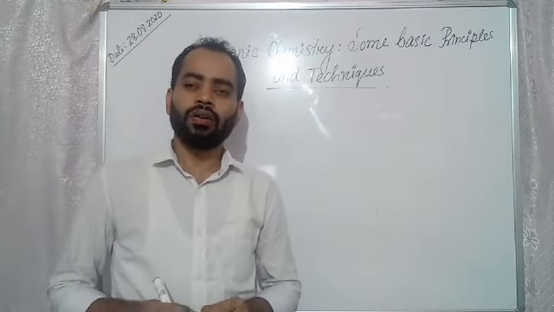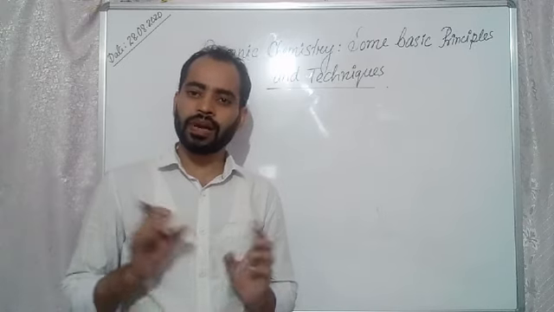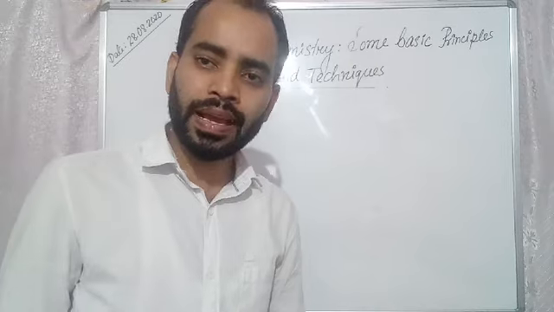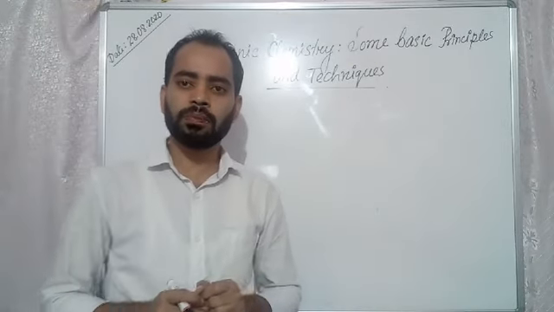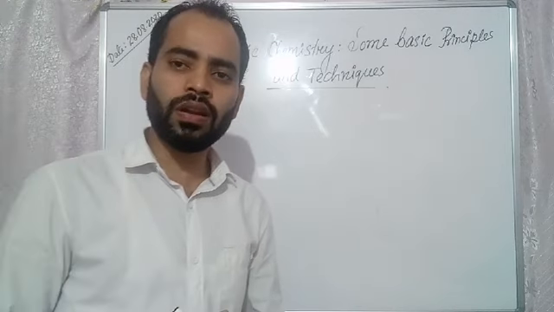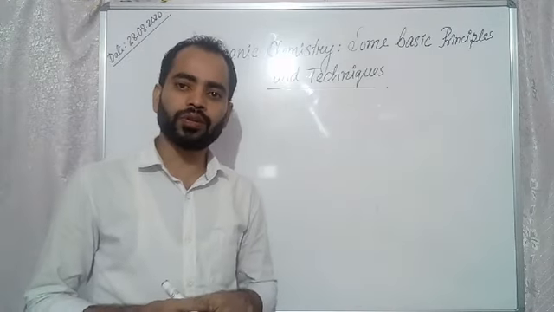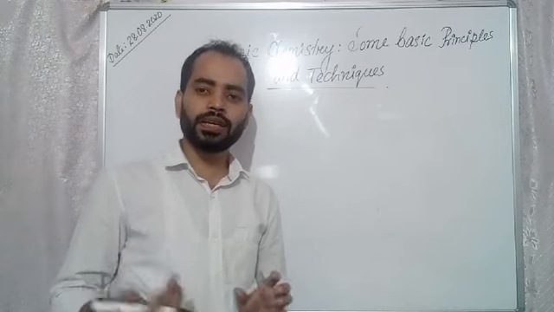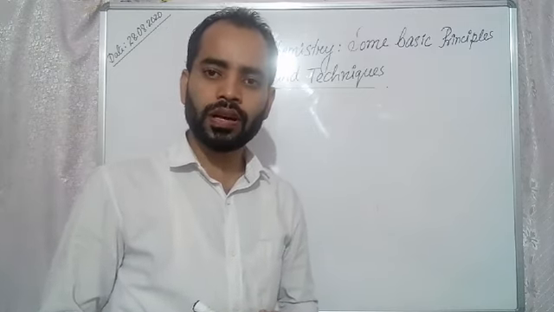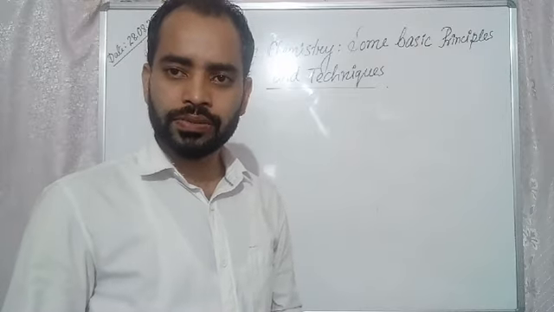Organic chemistry is the branch of chemistry which deals with the study of hydrocarbons and their derivatives. Means all those compounds which are formed from hydrocarbons are called derivatives of hydrocarbon. So organic chemistry deals with what? The study of hydrocarbons and their derivatives. Is it clear?